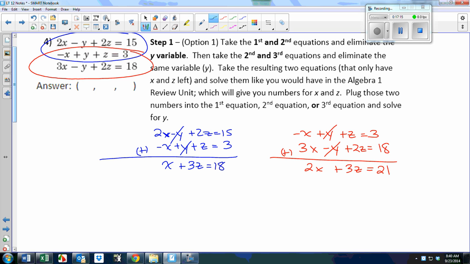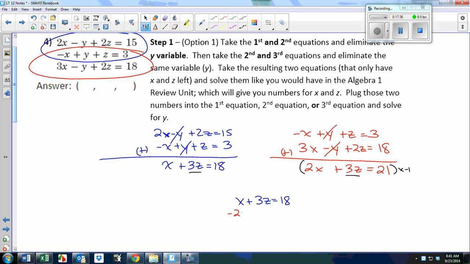With elimination, though, I see a 3z and a 3z. I'm just going to turn one of them into negative 3z. So I'll multiply this second equation times negative 1. It doesn't matter which one. And then put the blue with the new red equation times negative 1 everywhere.